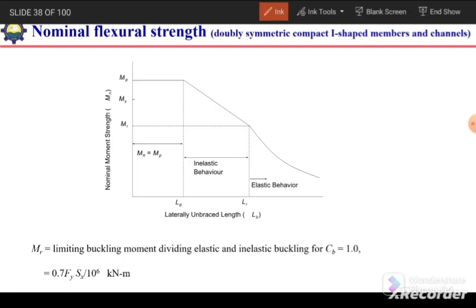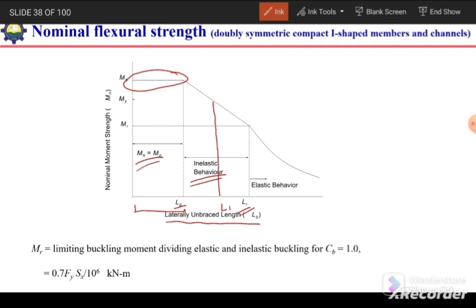Okay, this diagram shows the nominal strength of the beam corresponding to the laterally unbraced length. If the laterally unbraced length is less than L_p, the limiting value L_p, in that case the capacity will be equal to M_p. If the unbraced length is more than L_p but less than L_r, we will have inelastic behavior, and its nominal capacity can be calculated by linear interpolation or by intersecting this linear line.